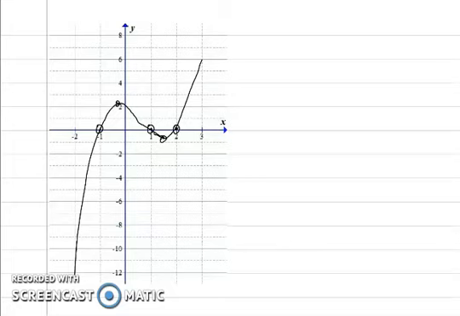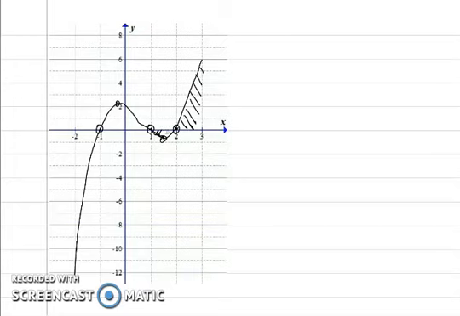All right, so essentially this is a sketch of our graph, and the area that we're trying to find obviously is the area between the curve and the x-axis.